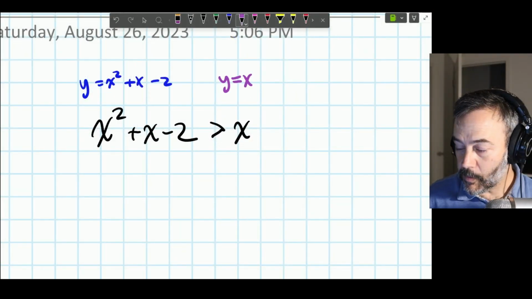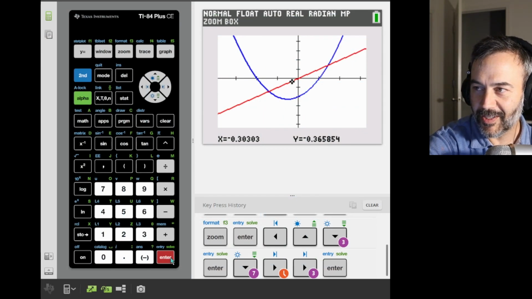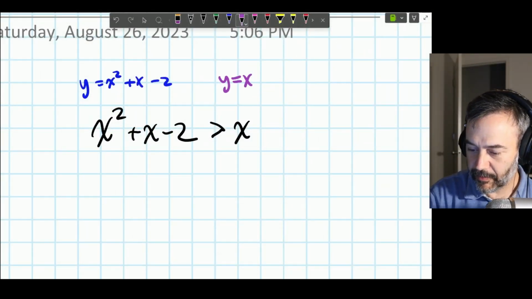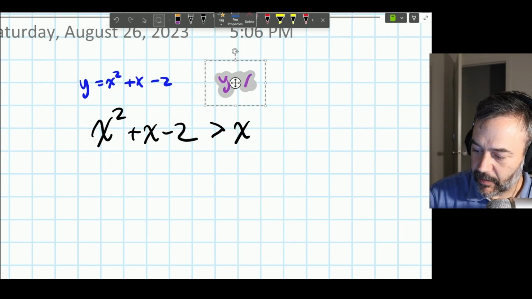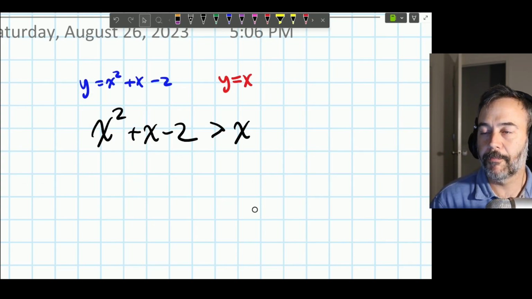Back to here. Actually, in my graph, the way the TI did it, the linear is red. So if I come back here and recolor this, I could recolor this as red just to make it match what's in the picture.